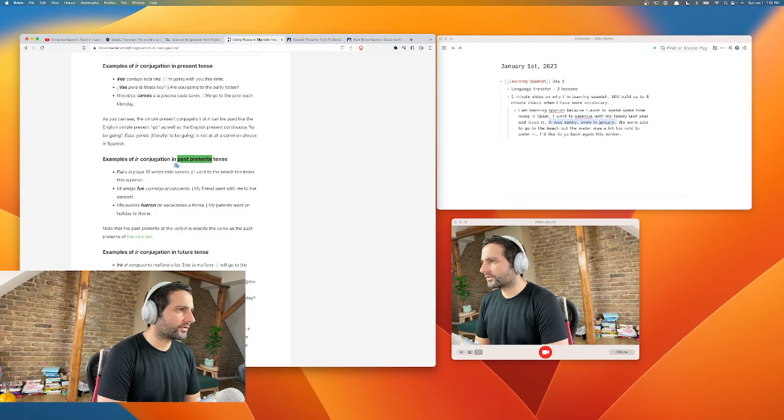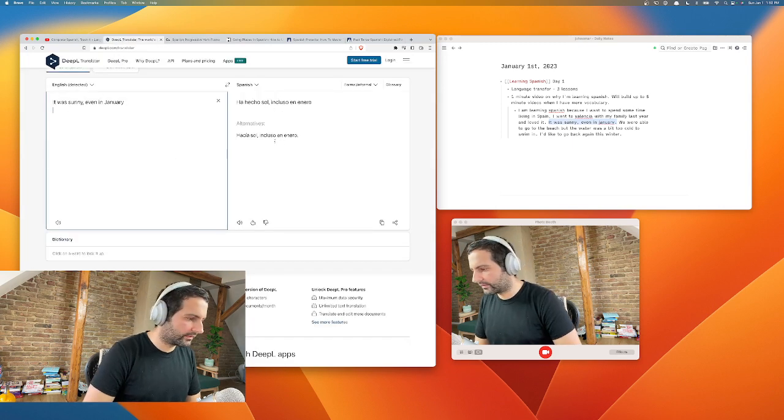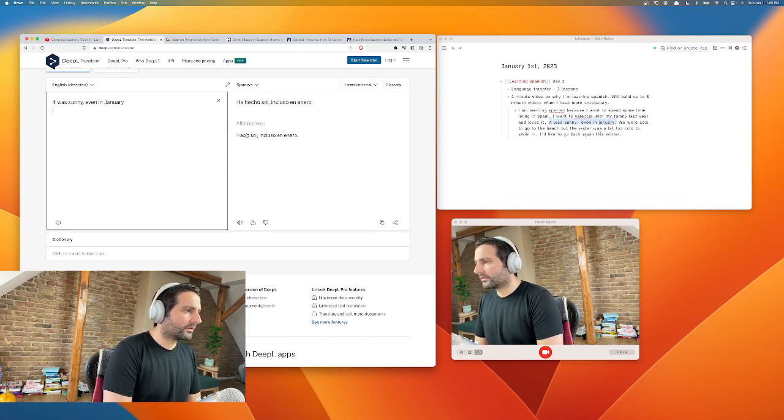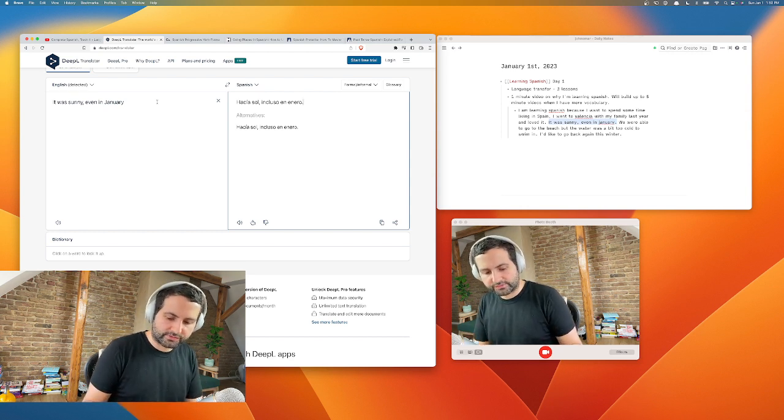I think we'll just go with the preterite for now and dive deeper once we get further through Language Transfer, because I don't have an intuition for this yet.